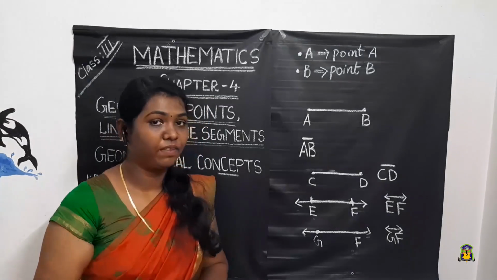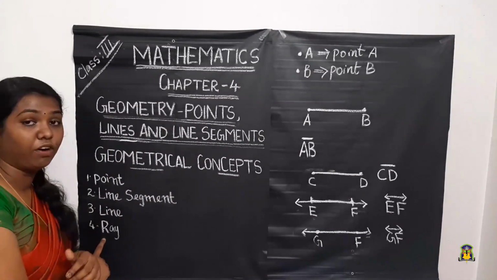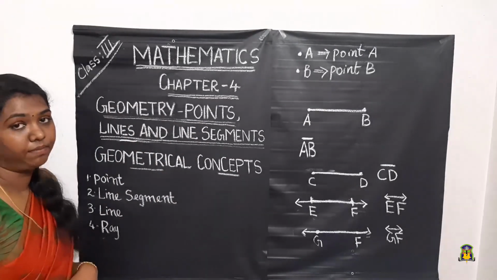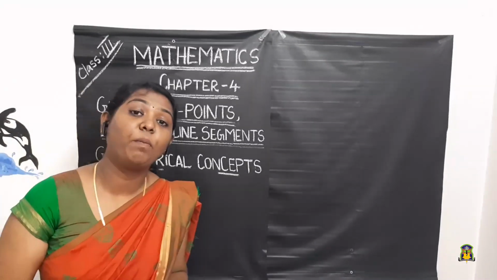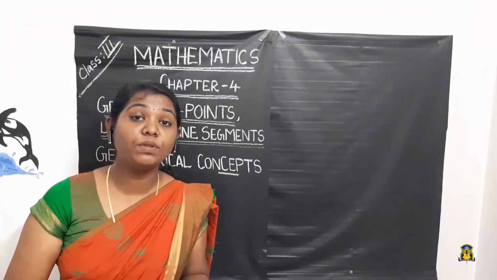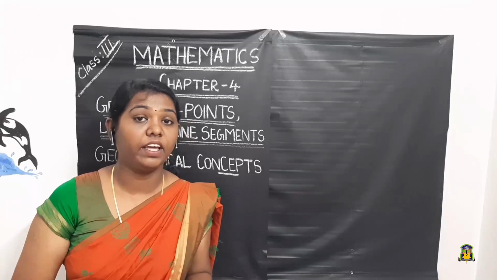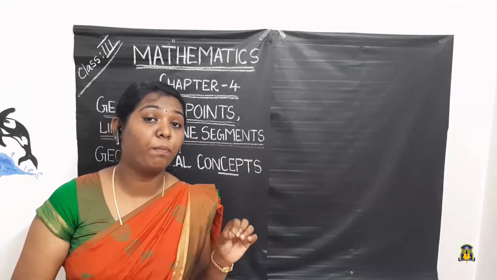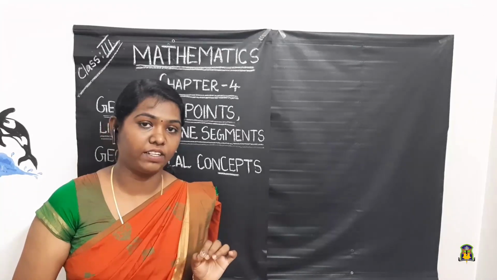Okay, children. Now, next we can move to our next topic, that is ray. So, a ray starts from a point and goes endlessly in one direction.